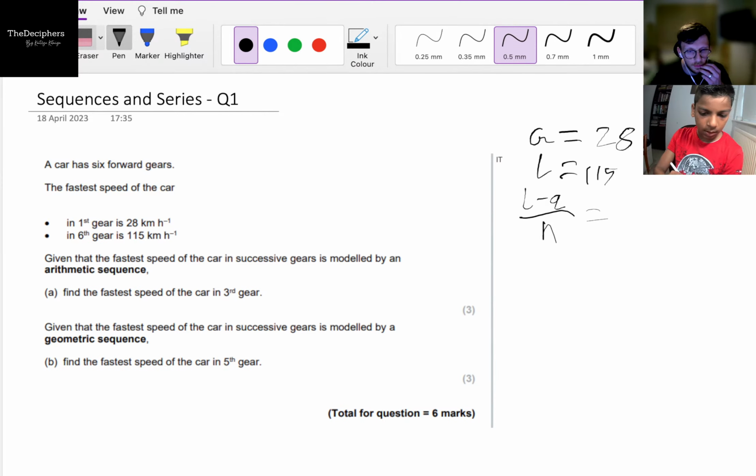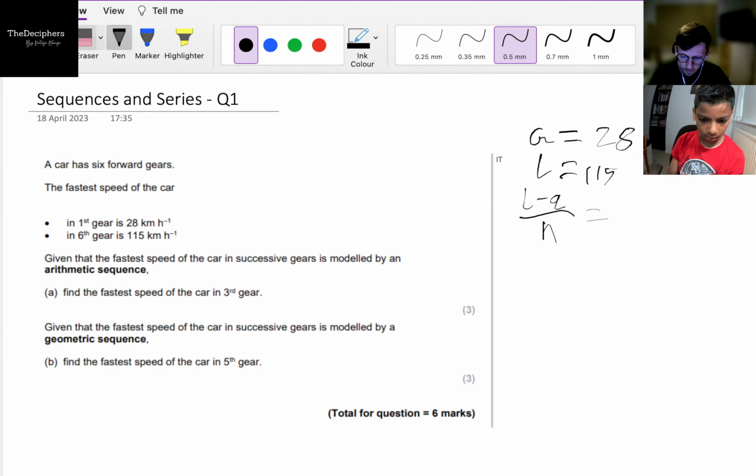Let's think about which formula we've just spoken about, which one you're going to use. So I think we're going to use the U of N formula.